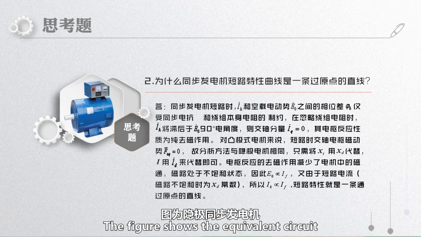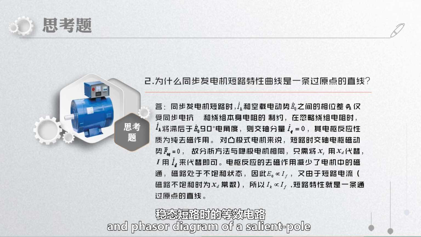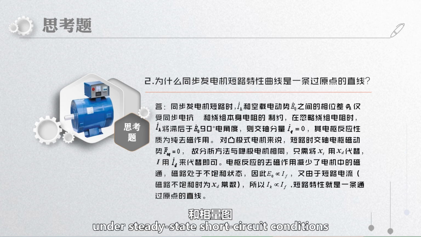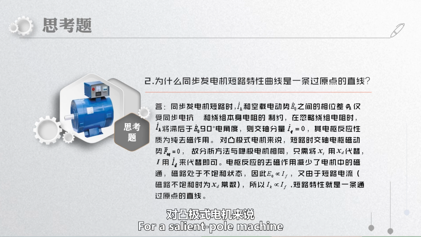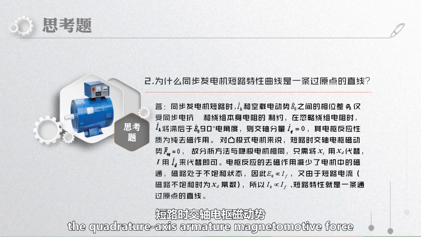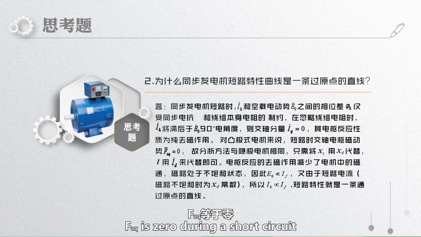The figure shows the equivalent circuit and phasor diagram of a salient pole synchronous generator under steady-state short-circuit conditions. For a salient pole machine, the quadrature axis armature magnetomotive force FAQ is 0 during a short circuit.